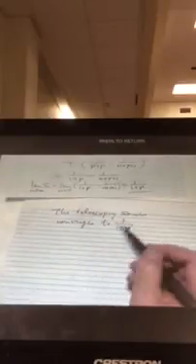Therefore, the telescoping series converges, because this is what the nth partial sum converges to.